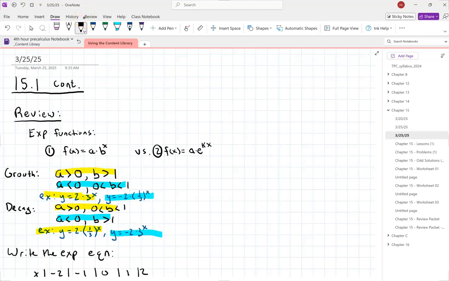Okay, if we're in the other form, we're growth if a is greater than 0 and k is greater than 0. Or if a is less than 0 and k is less than 0.